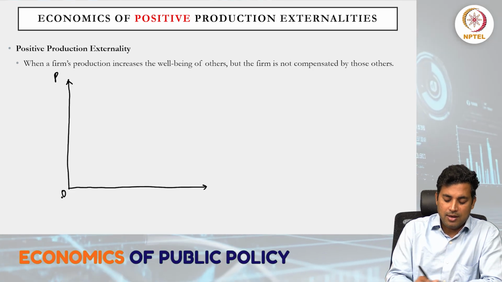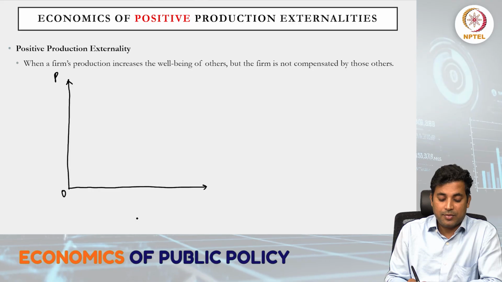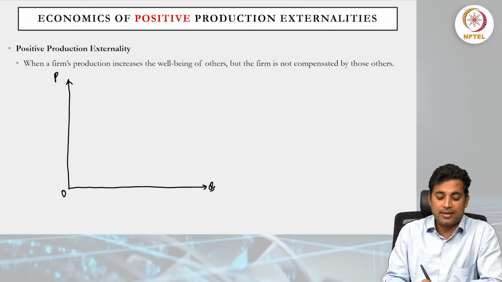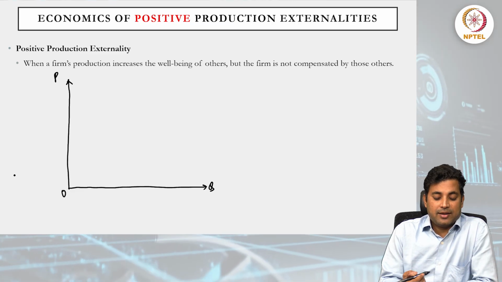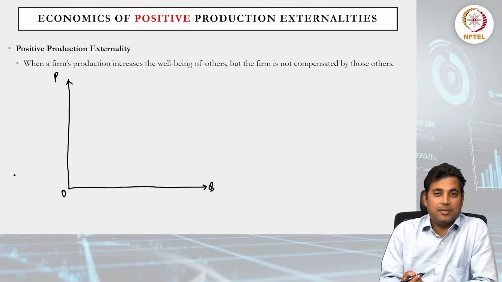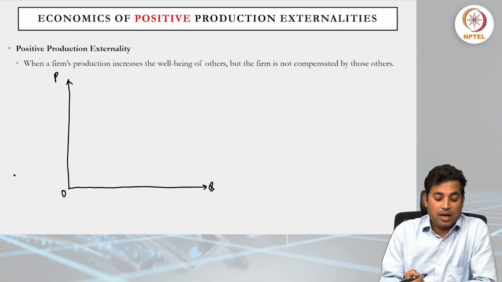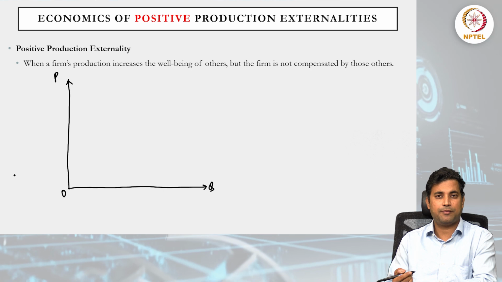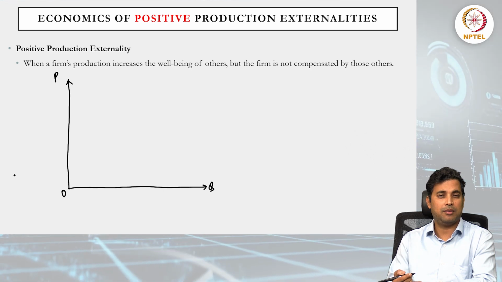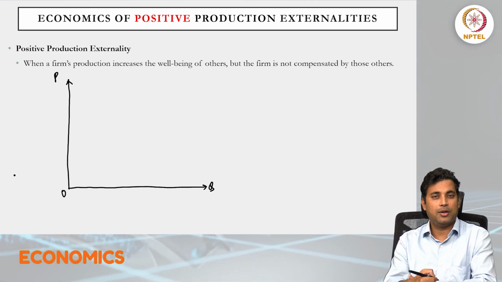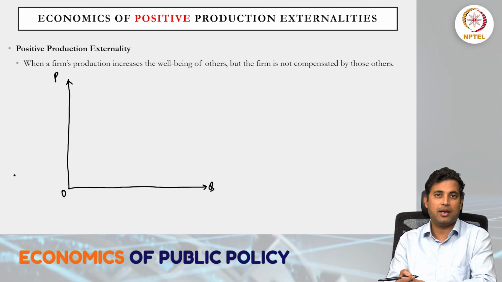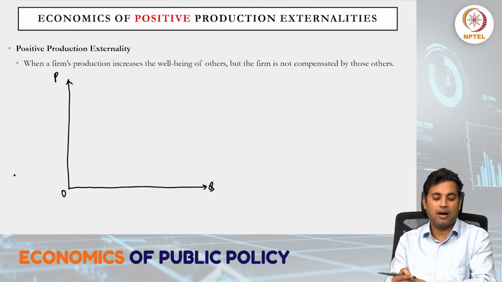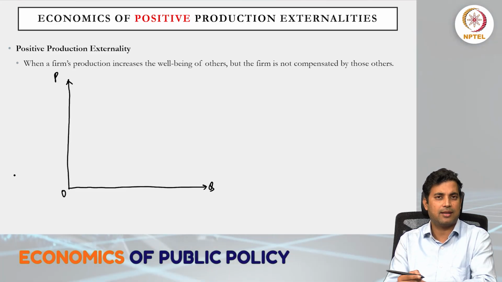Here price is on the vertical axis, and quantity is measured along the horizontal axis. Let us assume that any product has a positive impact on others, for instance oil production, where an additional oil company is coming into the market and it will have benefits to others, and let us assume how it actually happens in the market.